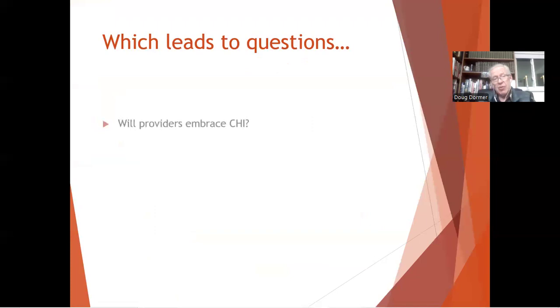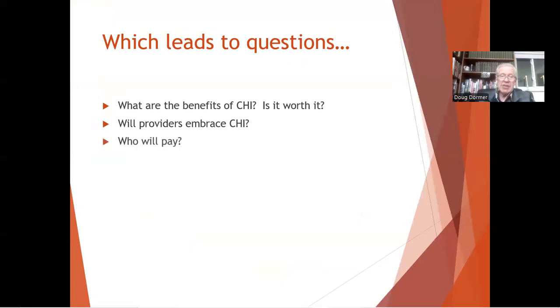Which leads to some relevant questions. Will providers embrace consumer health informatics? That's actually the second question. Let's see, the first question should be, what are the benefits of CHI and is it worth it? Then we'll ask, will providers embrace consumer health informatics? And of course, that will be reflected by who will pay for it, if it will be paid for.